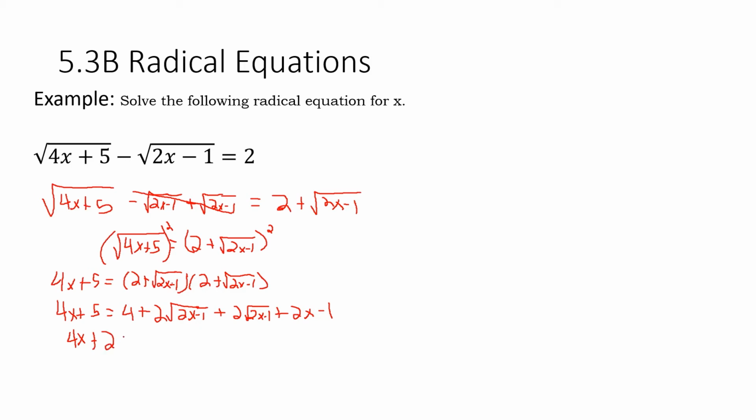So we'll be left with 5 plus 2, and then we've managed to cancel those two values out. 2 root 2x minus 1 plus 2 root 2x minus 1 will be 4 of those. So we'll have 4 root 2x minus 1s. And then we still have 2x.